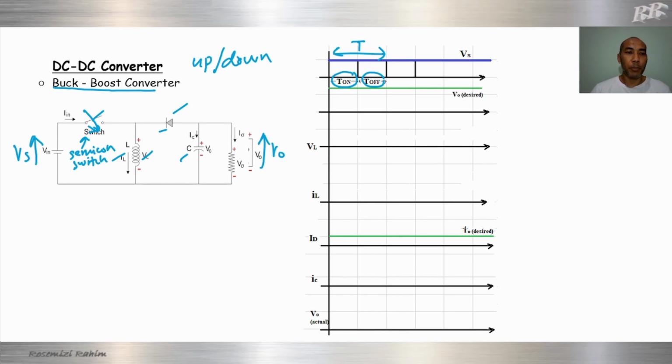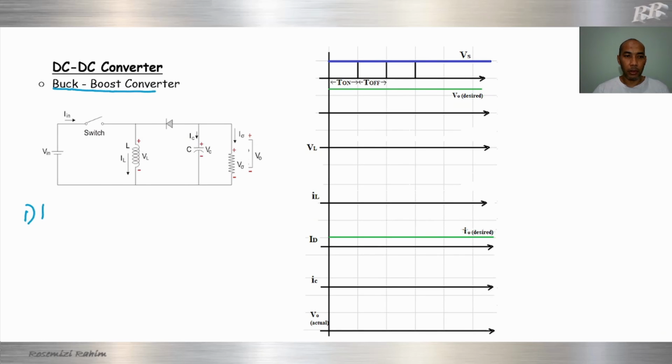The timing, time on and time off, will produce our desired voltage, Vout. Whether we want to increase or decrease the output is determined by the controlling of the semiconductor switch. So we will start to analyze one by one, starting from switch on and then turn off.